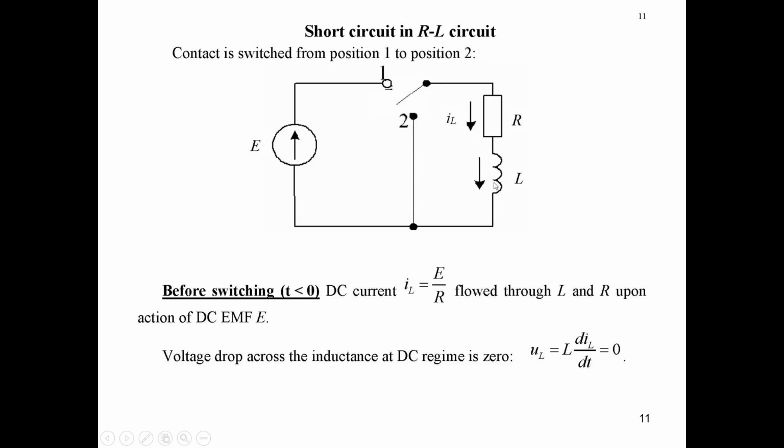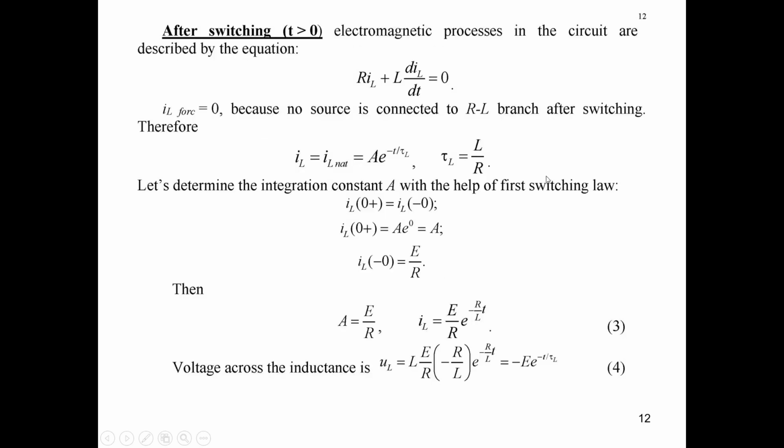But this energy will be dissipated in this resistance, and in the end this current will be equal to 0, as well as the voltage drop across this inductance.